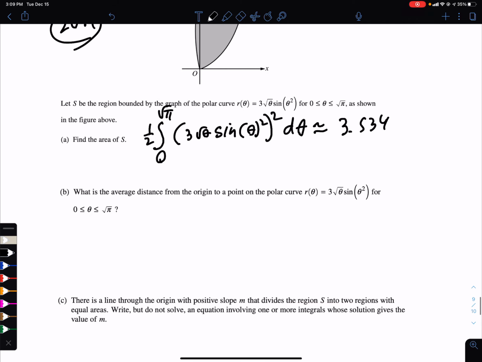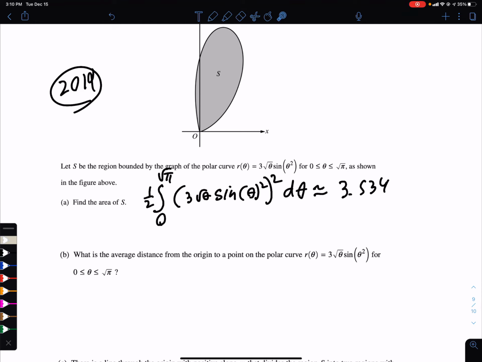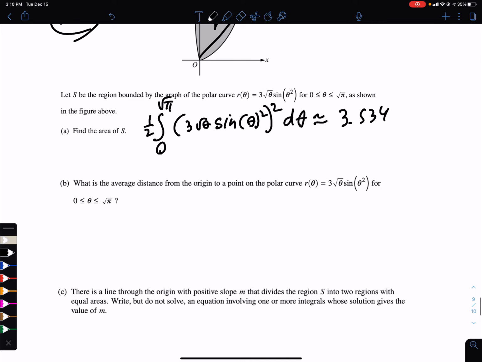The average distance from the origin to a point on the polar curve. So we want the average distance, but what is the distance from the origin to any point? That distance is r. So they want the average of r. How do you find the average of anything? You integrate the function, I'm just going to put r, from beginning to end, and then you divide by the width.